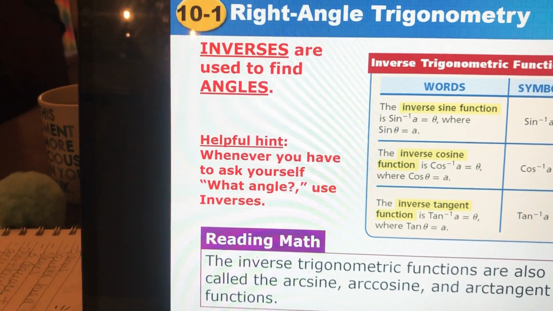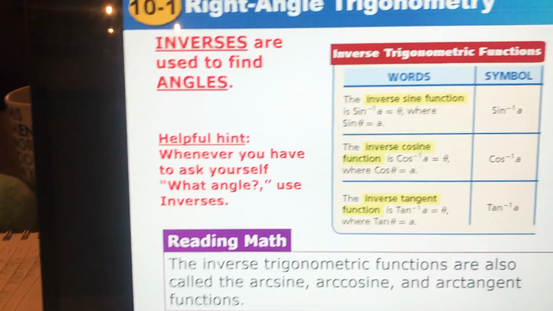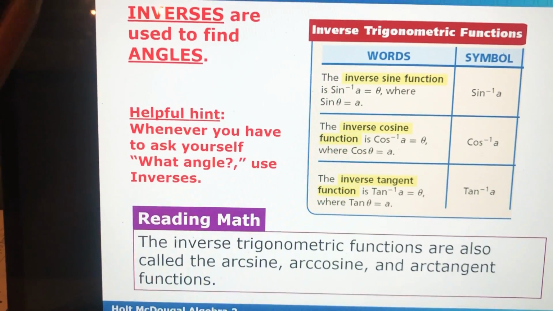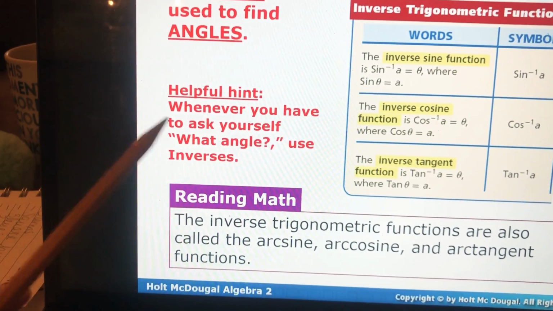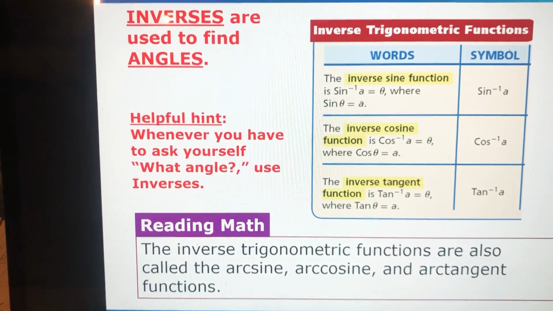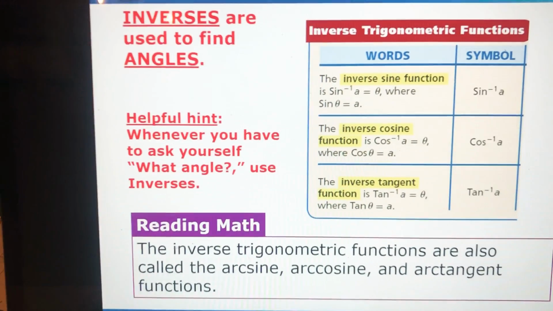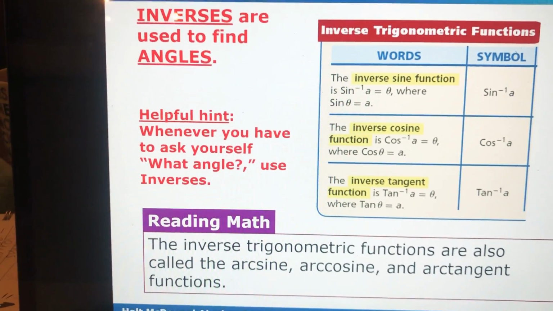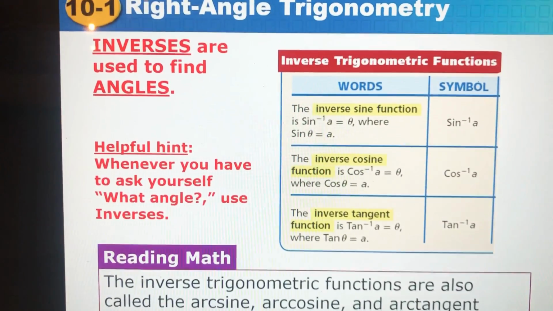So if you ever need to know what angle will give you a certain ratio, or trig value, that's when you use inverses. So if you ever have to ask yourself what angle, that's when you're going to use this, to find angles, okay? So not the legs, not ratios, whenever you need to find the measure of an angle, okay?